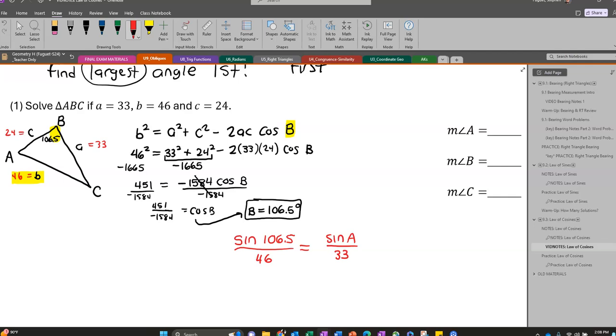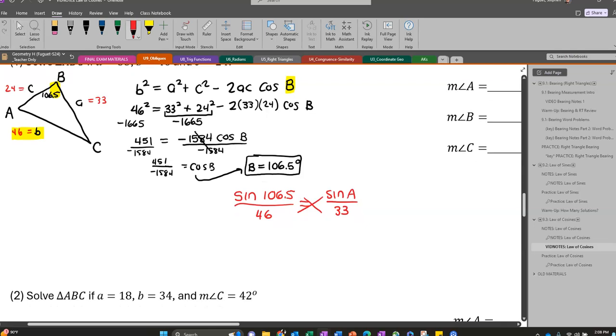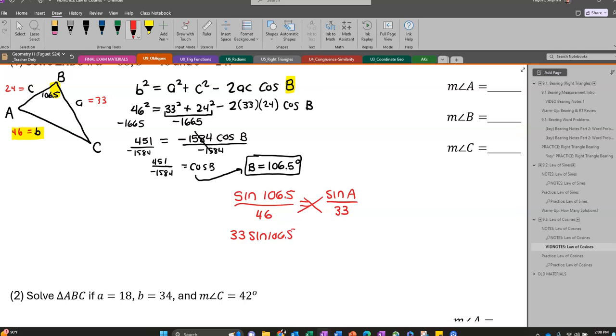Upon solving this and cross multiplying and dividing, 33 sine 106.5 divided by 46 is going to equal sine of A. I did that in one step, and we get a value of 0.687. We take inverse sine of that, and that gives me that angle A is equal to 43.4 degrees.